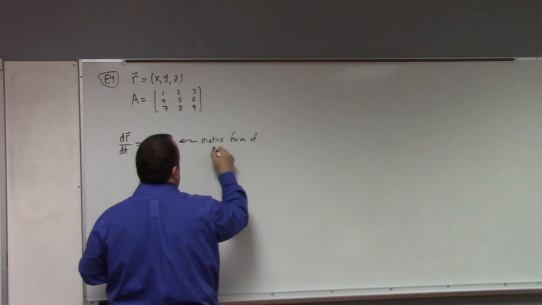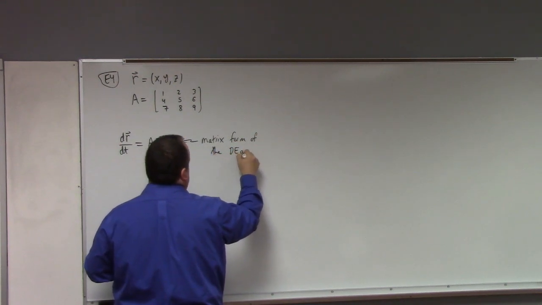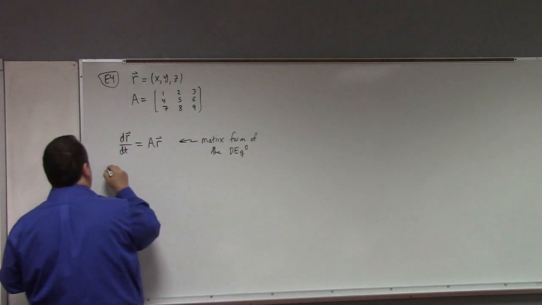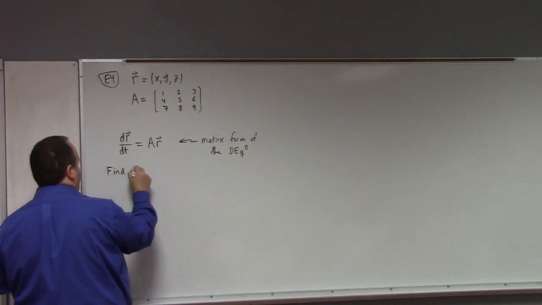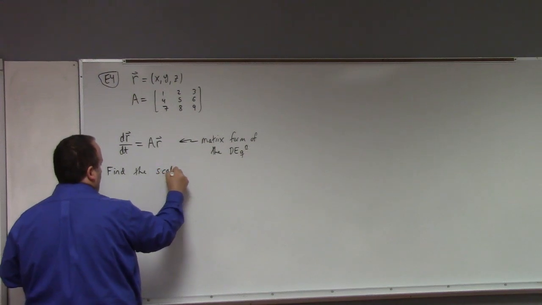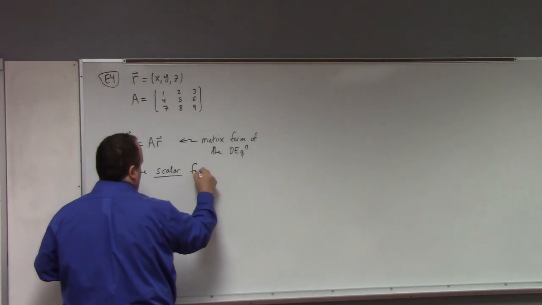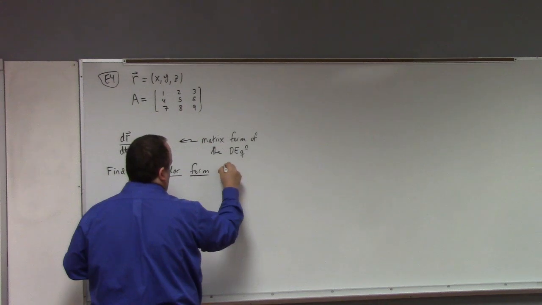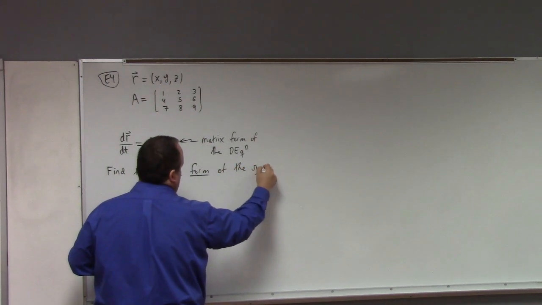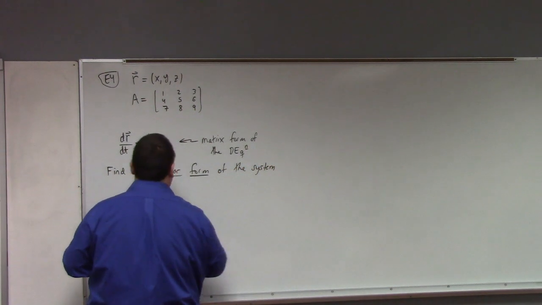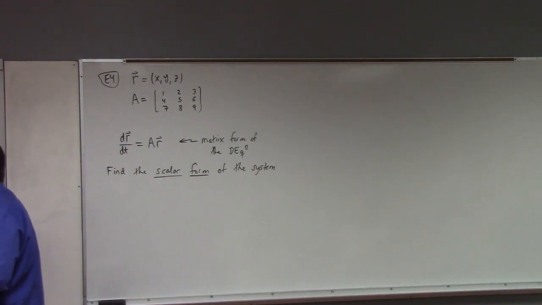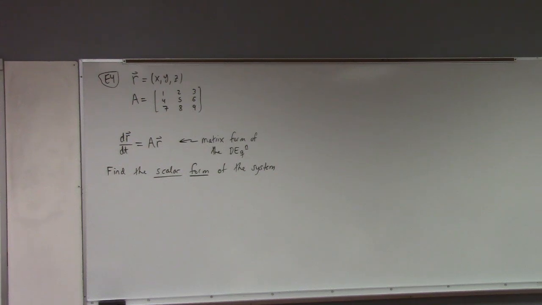of the differential equation. So what I want to talk about now is let's find the scalar form of the system. My first three examples, guys, were all beginning in scalar form, and then I converted them to matrix form. Now I'm going the other way around.